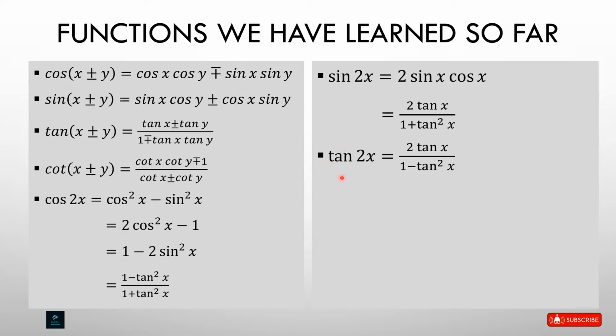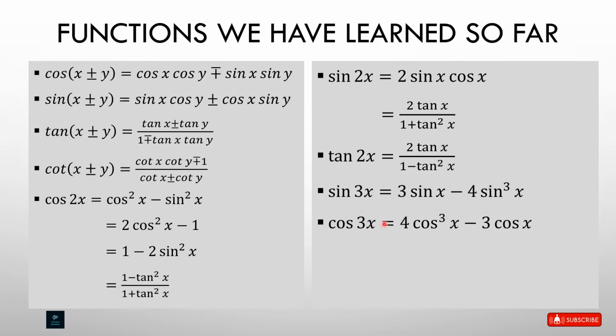And we have seen that tan of 2x is equal to 2 tan x divided by 1 minus tan square x. Then we have seen that sine of 3x is equal to 3 sin x minus 4 sin cube x, and cos of 3x is equal to 4 cos cube x minus 3 cos x, and tan of 3x is equal to 3 tan x minus tan cube x divided by 1 minus 3 tan square x.